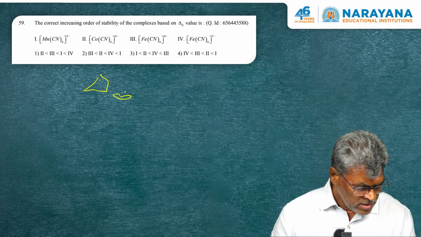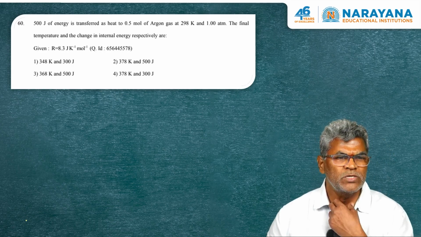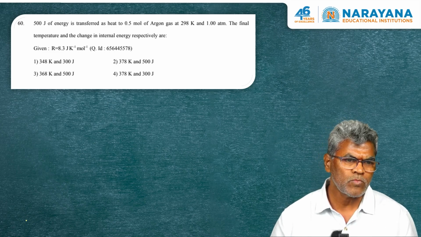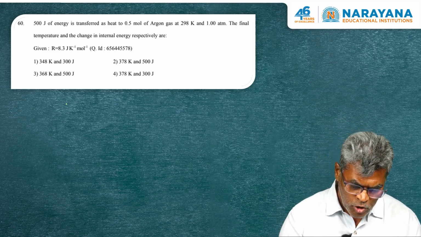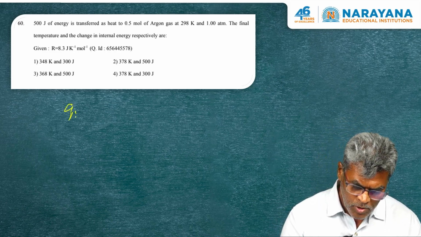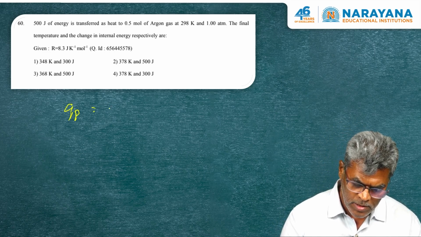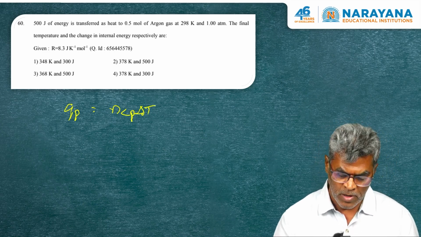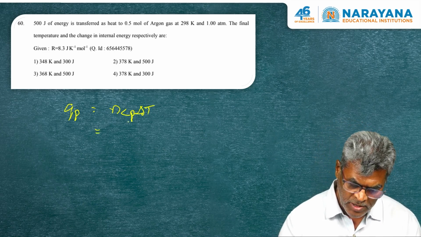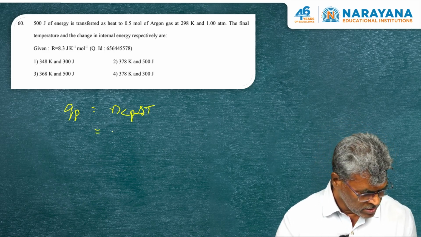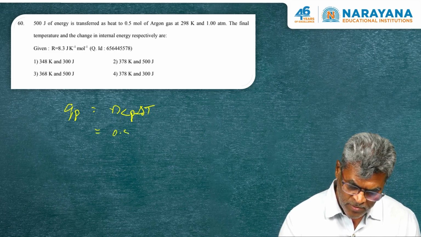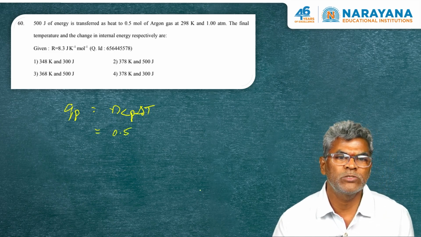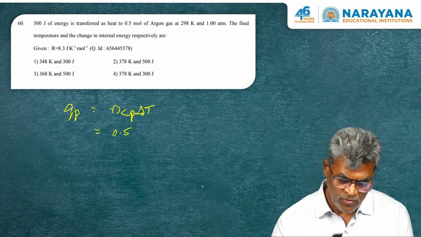Next, 60th question. In this question you need to write Qp is equal to nCp delta T. Here n is equal to 0.5 moles.